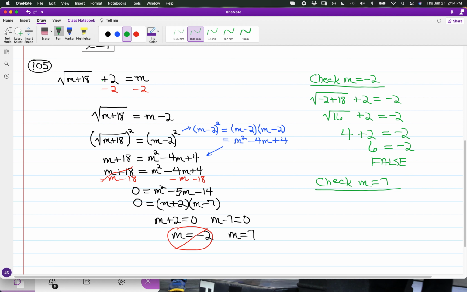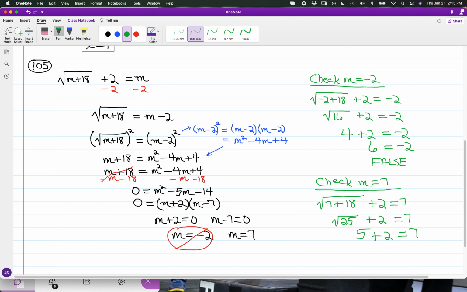Okay, so going back to our original equation, okay, so we have the square root of m plus 18, so this will be the square root of 7 plus 18. And we have plus 2 is equal to m, which we have at 7. 7 plus 18 is 25. Square root of 25 is 5.